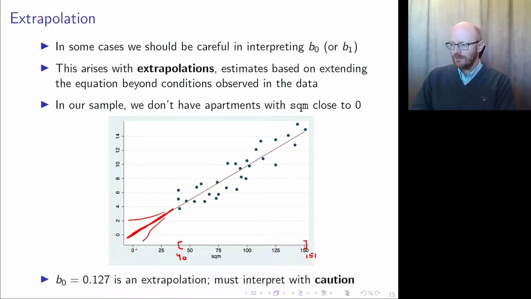Because, for example, in the example we have, you would not want to pay money for an apartment with 0 square meters, right? So you have to be very cautious when you interpret an extrapolation. Okay.